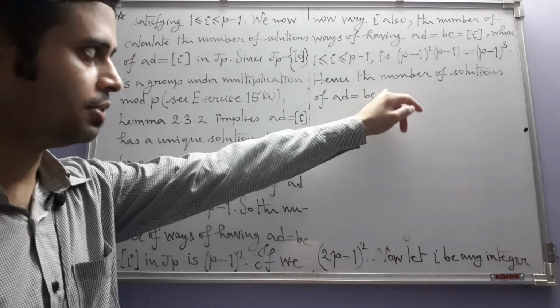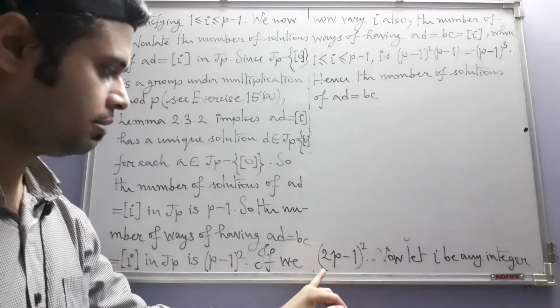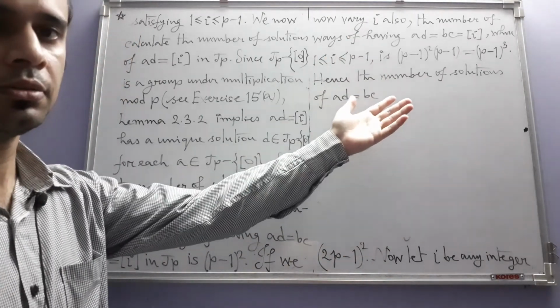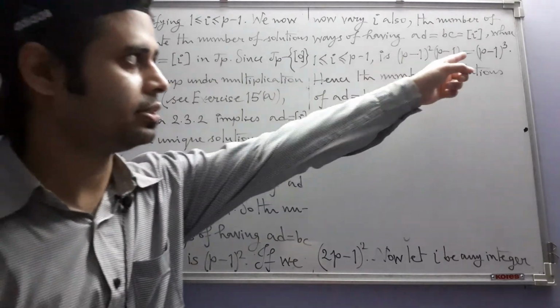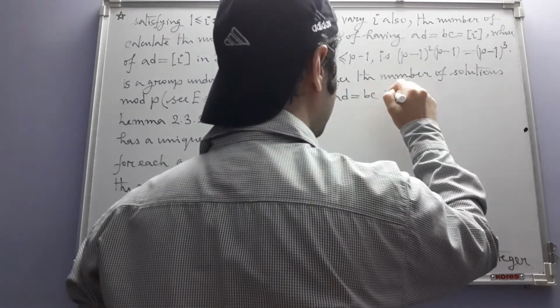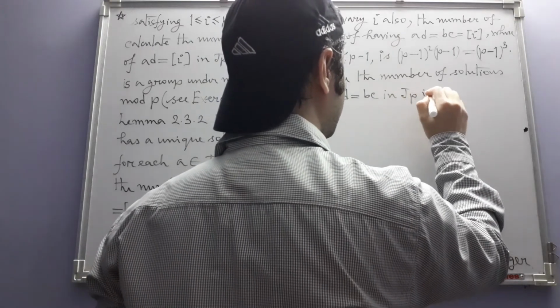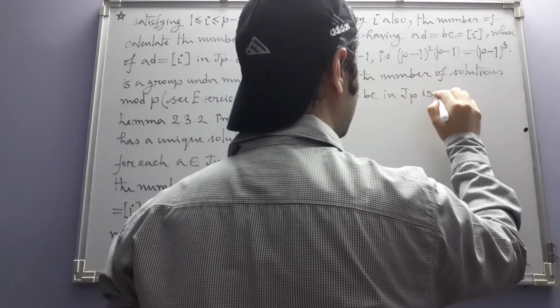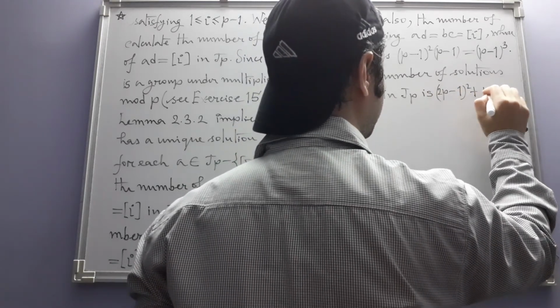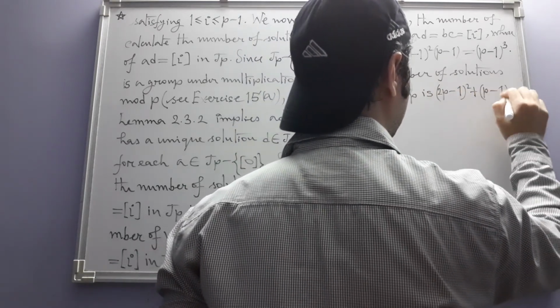If this is 0, then the number is this. If this is something other than 0, then for all such possibilities the total number is this. In JP is 2p minus 1 whole square plus p minus 1 whole cube.